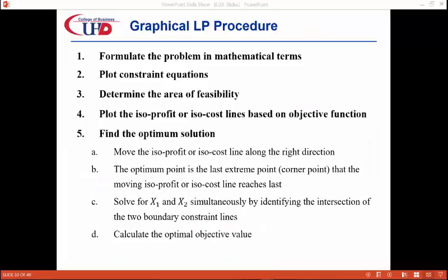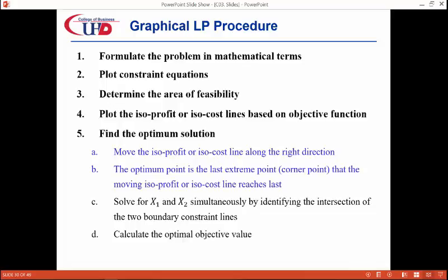Finally, we get to step 5 to find out the optimal solution. It depends on moving the ISO lines in the right direction and moving them as far as possible, so that any further moving will make the ISO line totally go out of the visible region.